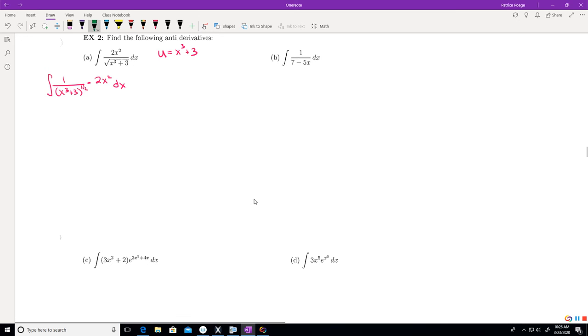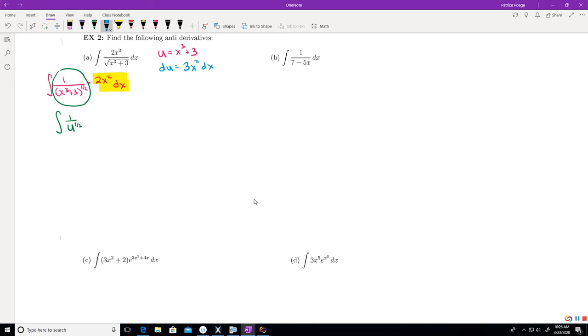So now I can see I can replace this whole term right here. That's going to be the integral of 1 over u to the 1/2. I still need to replace 2x squared dx. So I'm going to come back to my u, and I'm going to take the derivative of both sides. 1 du equals 3x squared plus 0 dx.